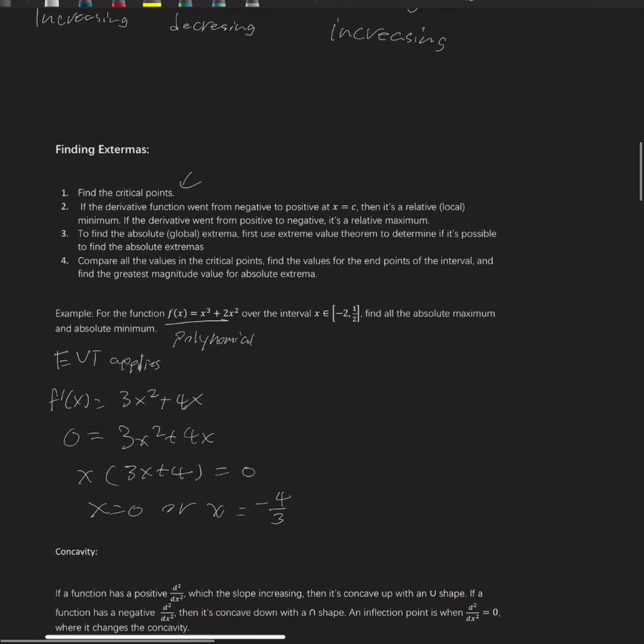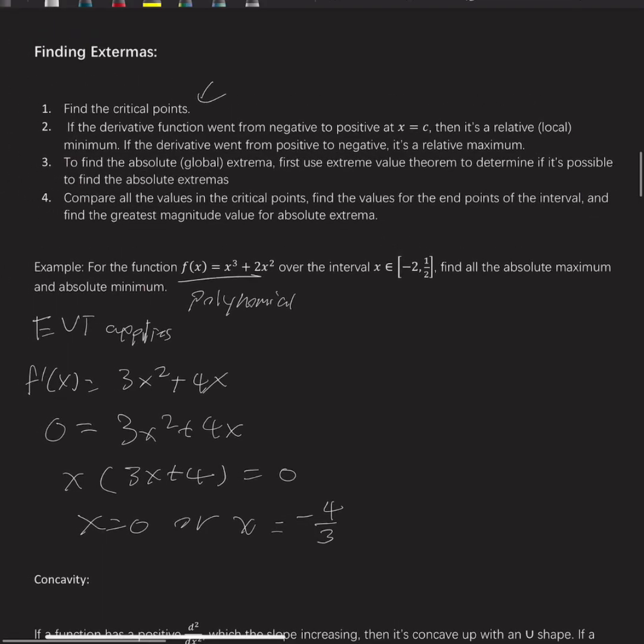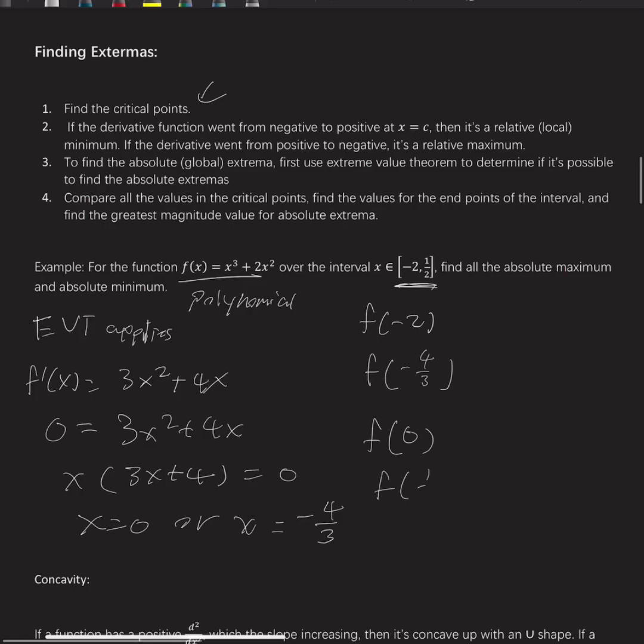And now let's find the values for these critical points and also the endpoints. So our candidates for absolute extremas are f of negative 2, f of negative 4/3, f of 0, and f of 1/2.